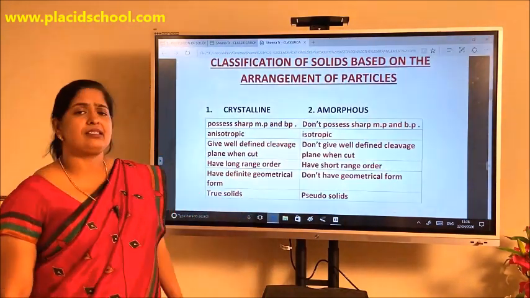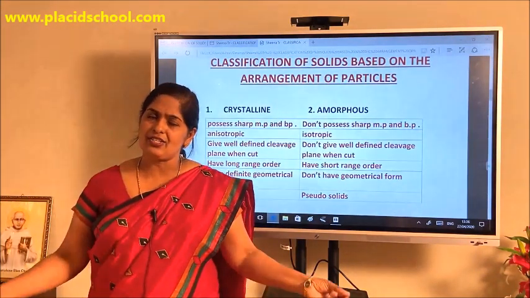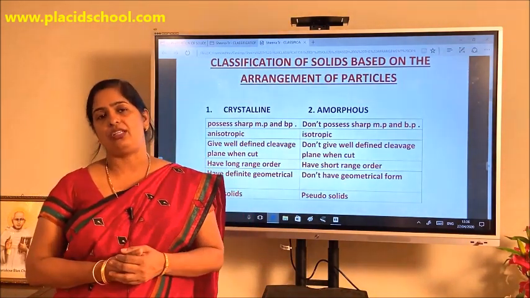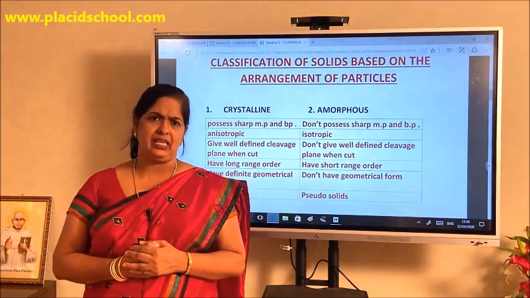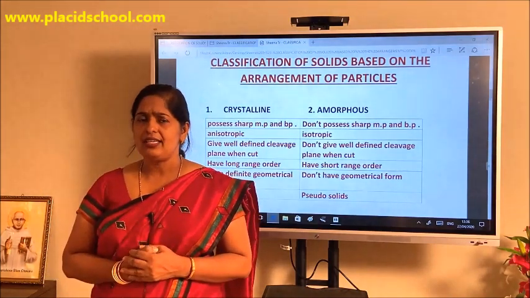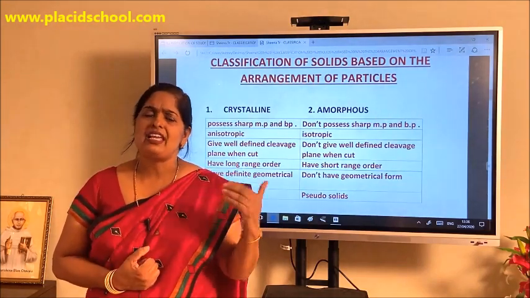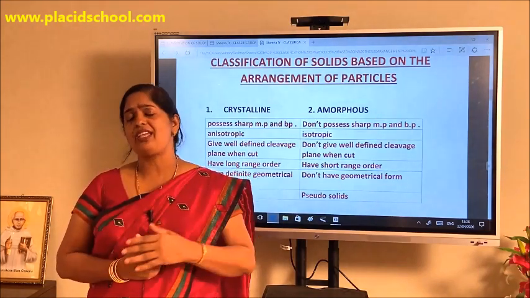Now, the last difference. Crystalline solids are true solids, but amorphous solids are pseudo-solids. Pseudo-solids mean these amorphous solids at times show the properties of liquids. That means they flow like fluids.